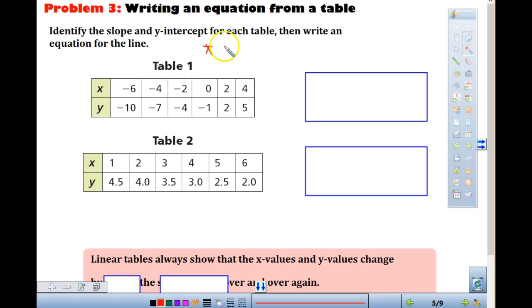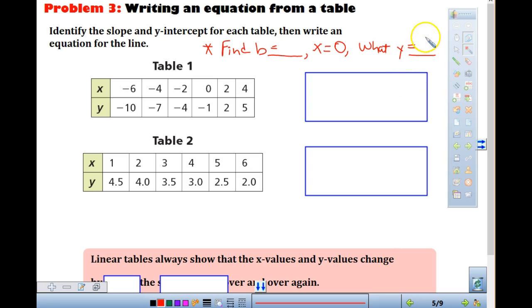Please put a little asterisk up here: to find the y-intercept, to find B. Okay? To find B, you are going to look at your table when the x value equals 0, what the y value is.